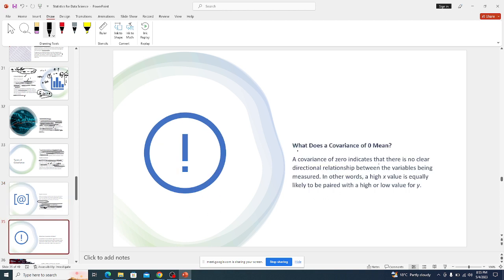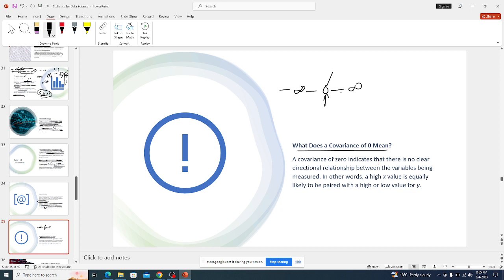Then, what does a covariance of zero mean? We said covariance runs from negative infinity to infinity, meaning we have zero in between. So what does it mean when we get a covariance of zero? Basically, it means we don't have a clear directional relationship between these two variables.